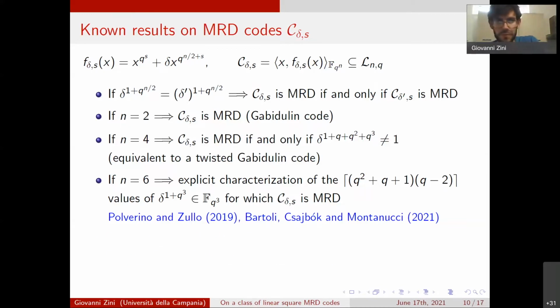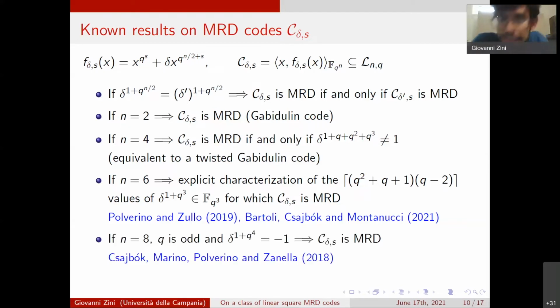Well, for n equal 8, a sufficient condition for the MRD property is that the norm of delta is -1. But actually, the question was open whether this sufficient condition is also necessary. Not to say the case n greater than or equal to 10, for which nothing actually is known.